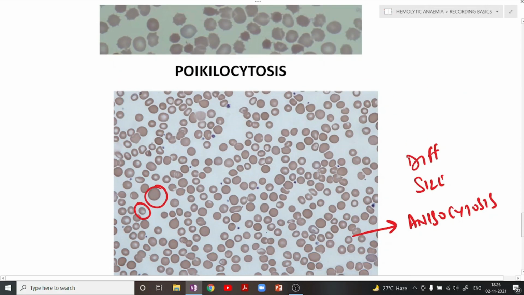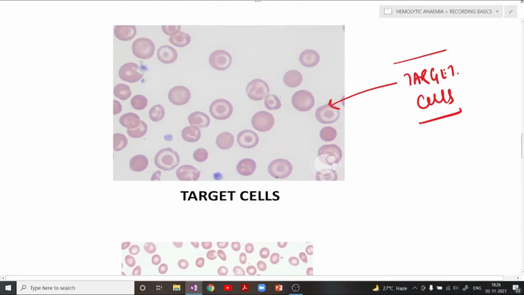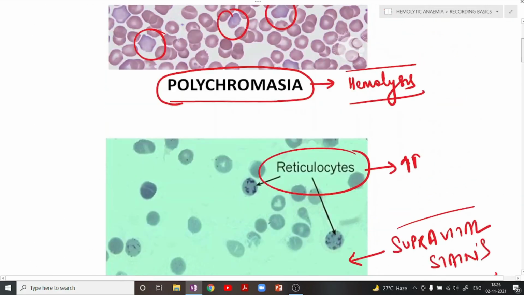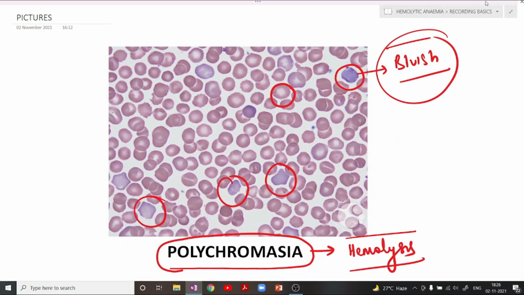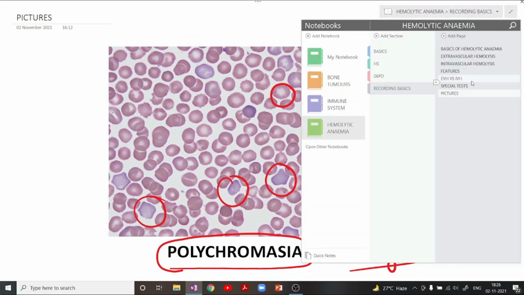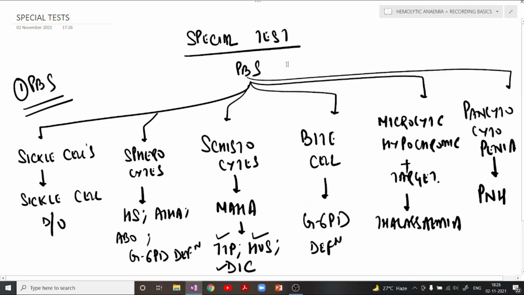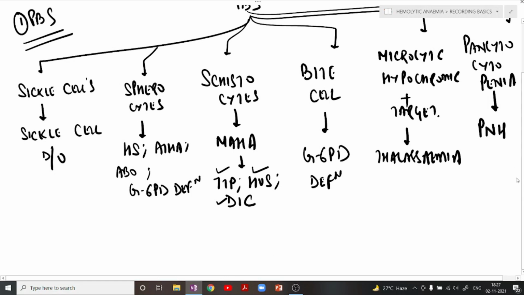So this is all about it. Now I hope you have understood how the peripheral blood smear allows us not only to identify hemolytic anemia, but also the cause of hemolytic anemia. Now we are going to go to certain more special tests, and then we are going to end this video.